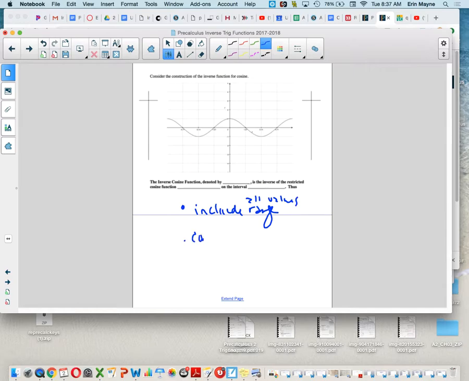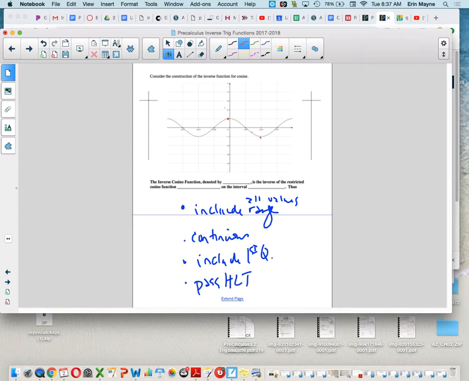It needs to be continuous. It needs to include the first quadrant, and it must pass the horizontal line test, otherwise the inverse will not be a function. So a bunch of people are saying, hey look, from 0 to pi, that does it. I totally agree. So now we've got to create that inverse.